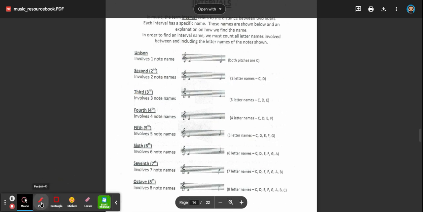And the first interval is the unison pitches, which is basically any time that we have somebody or instruments playing or singing the same note.